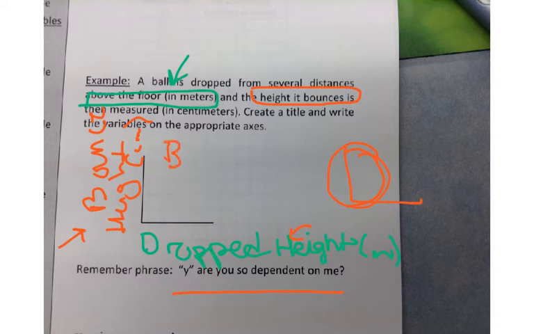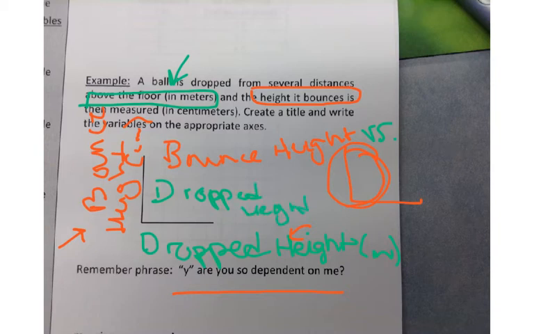So it's bounce height versus dropped height. And I'm hoping you write a lot neater than I am. It's harder with a stylus than I'm sure it is with a pencil.